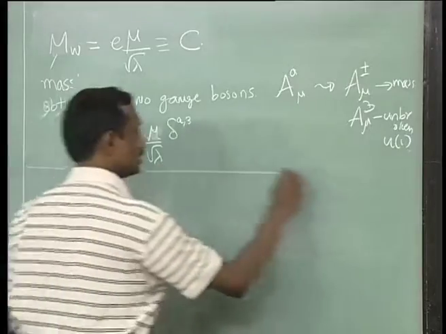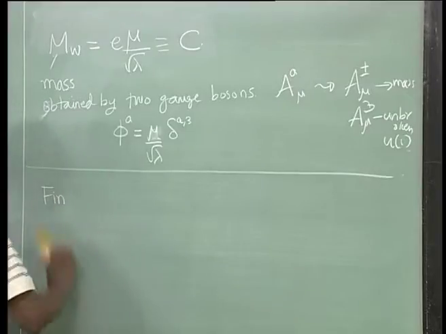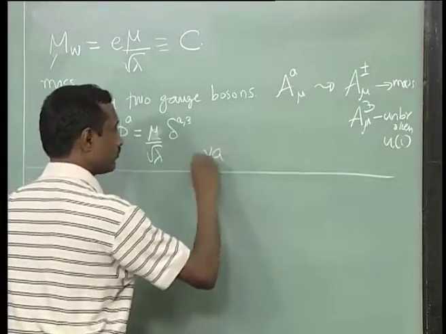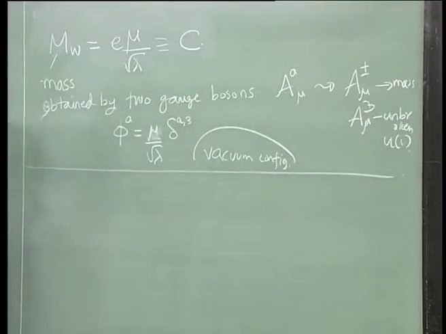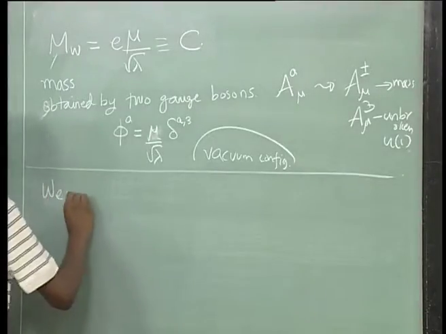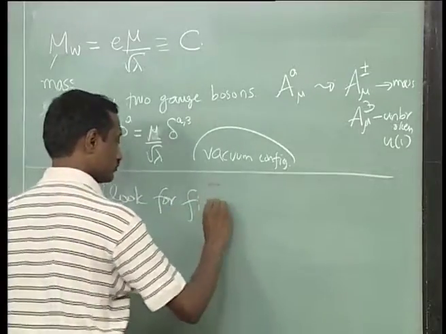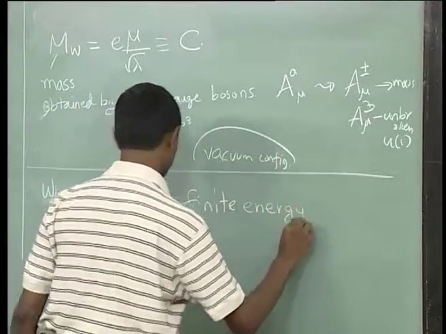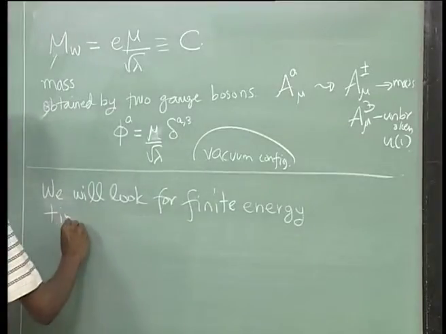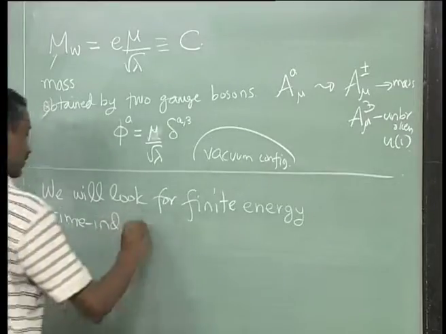Okay. So the idea is to look for finite energy. So this would be the vacuum solution, right? So this is the vacuum configuration. Okay, so what we will be looking for is finite energy, maybe I should say time independent finite energy solutions.